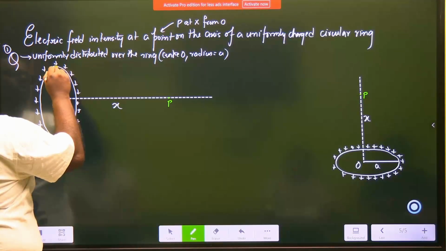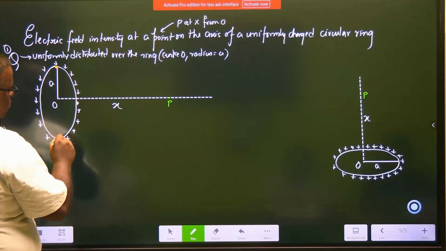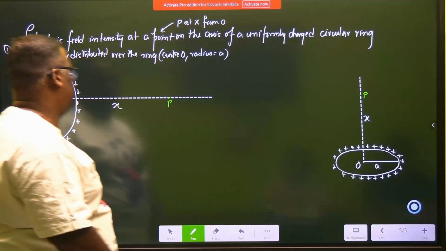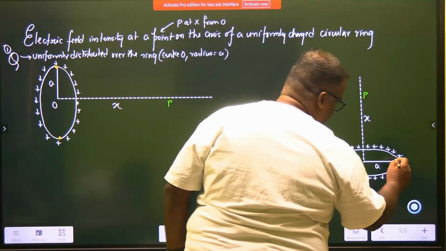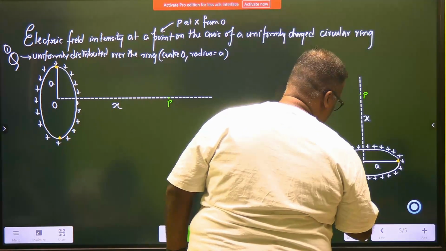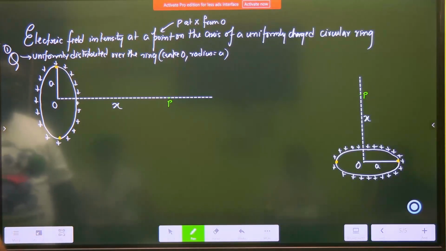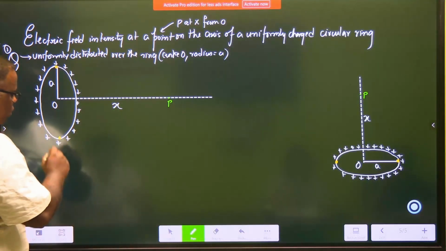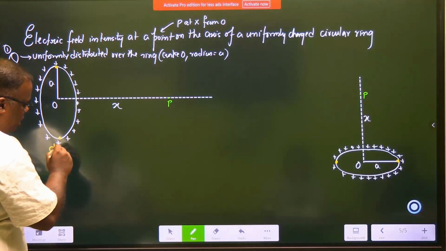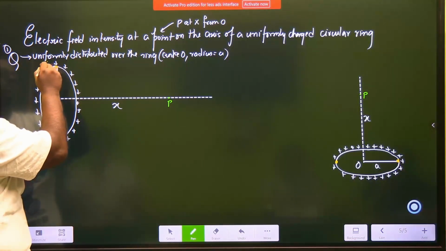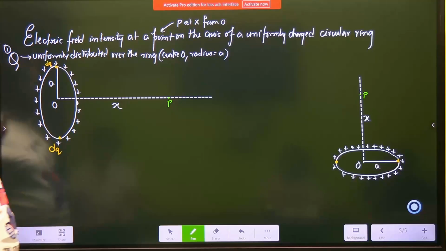One is this portion and one is this portion. Sir, why have you taken diametrically opposite? You will understand slowly, within some time. These portions each carry a charge dq.